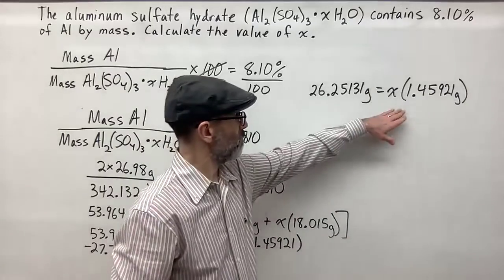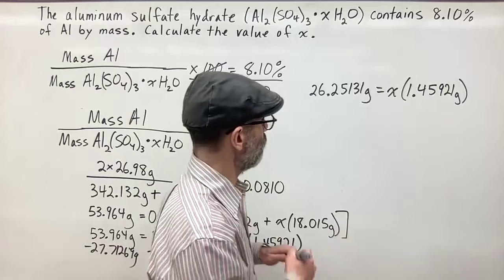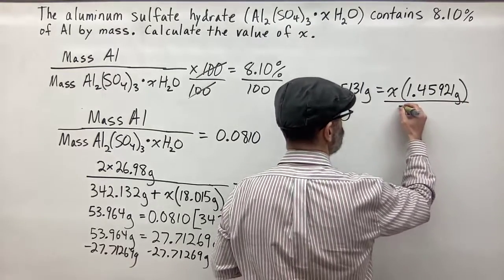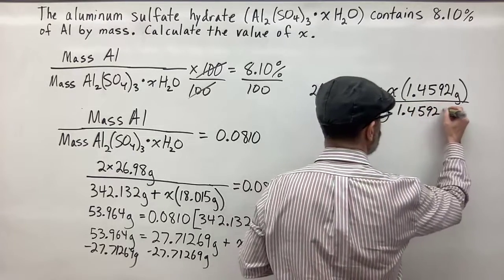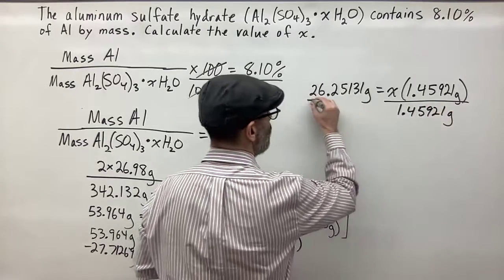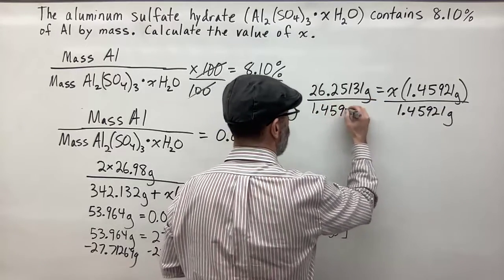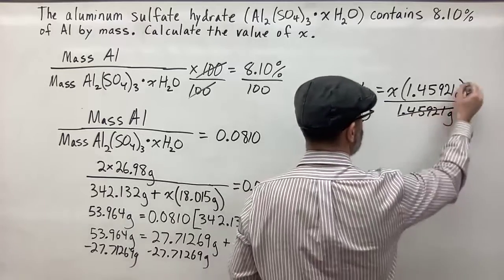And so now all I need to do is divide both sides by 1.45921 grams so I can get X. On this side, this cancels out.